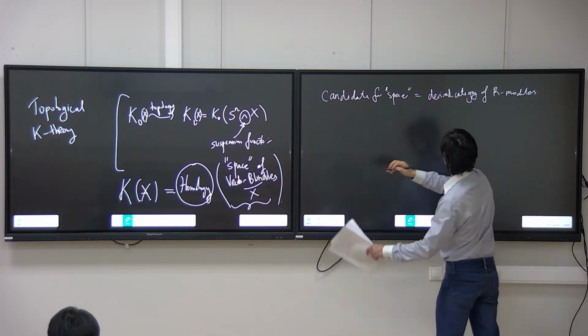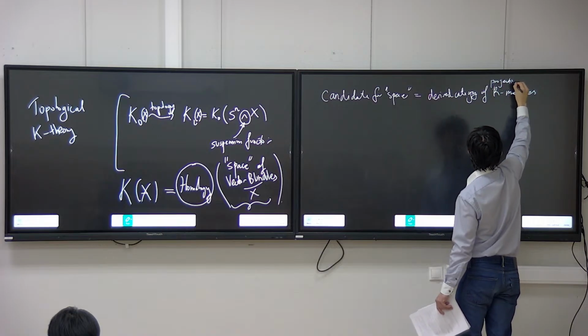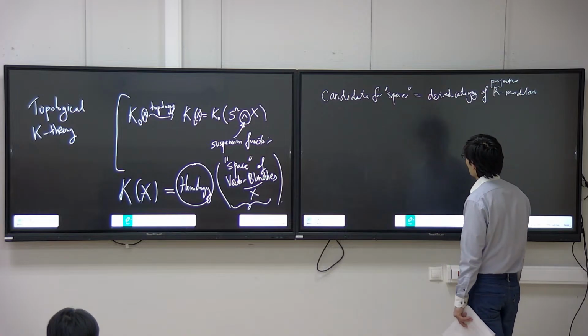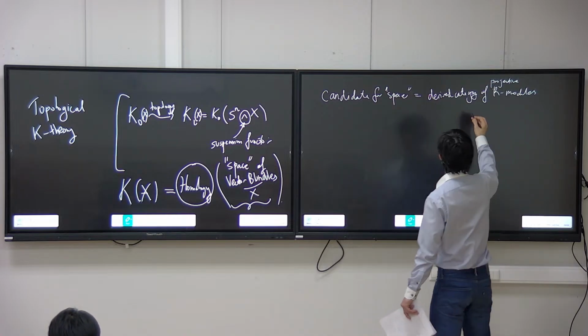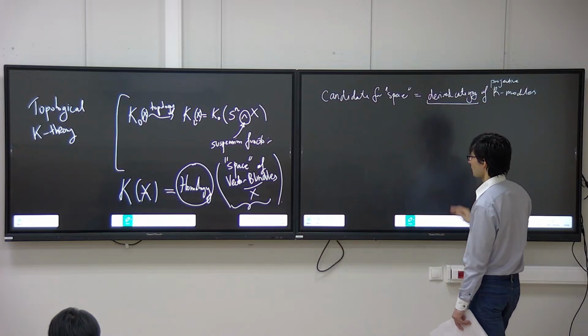And because we want vector bundles, it should be projective R modules. Projective is locally free, right? Maybe this is like, why do we need to go to the derived category? It's not clear at this stage.